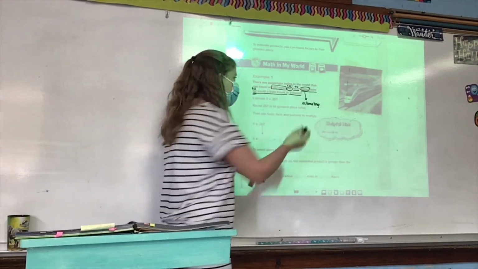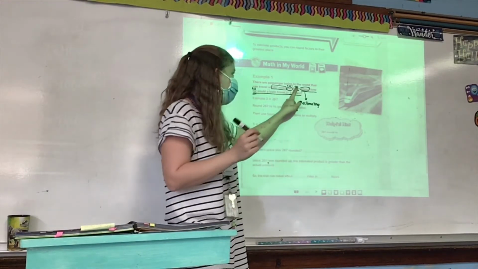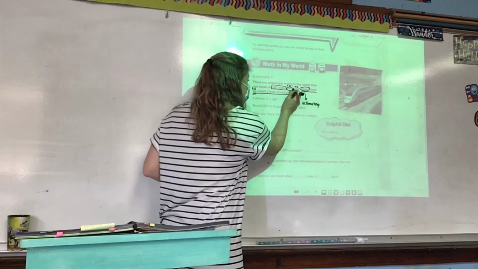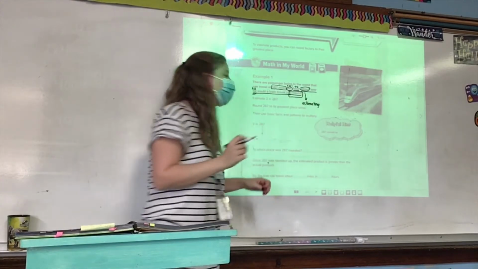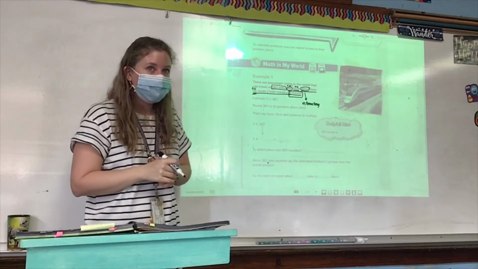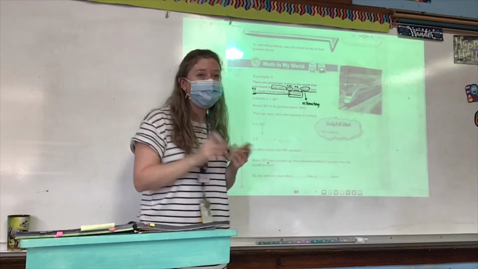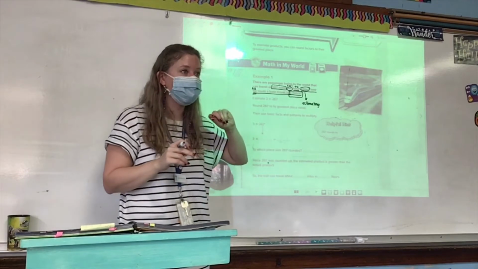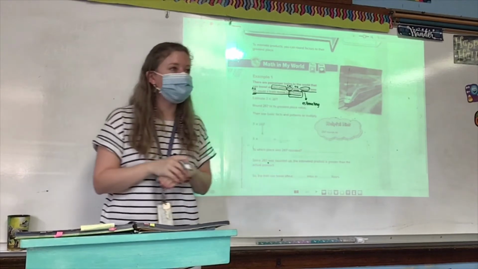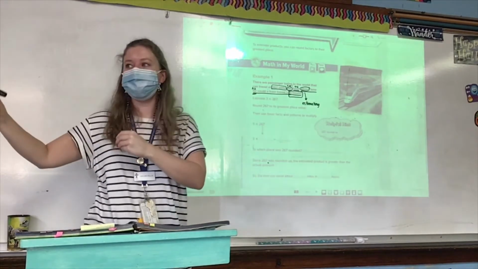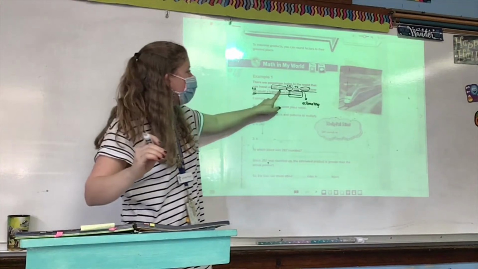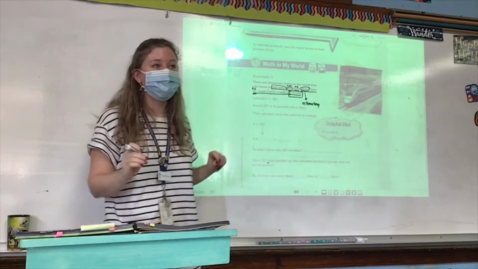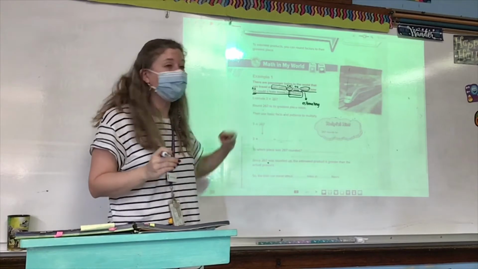About how far could a train travel in 3 hours? Well, we know hour is our other unit, so now we know, hey, 3 hours is important. Now we have to figure out, are we multiplying or dividing? Well, we know the train is traveling for 3 hours. It can go 267 miles each of those hours. And we know our answer unit is going to be miles because that measures how far.